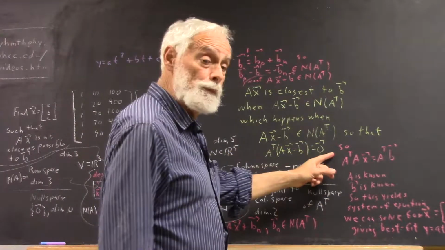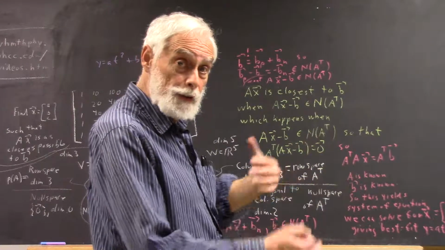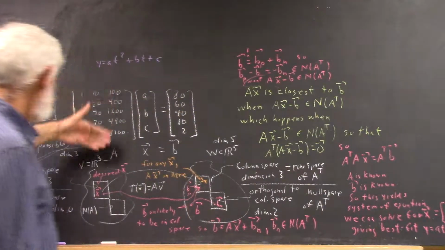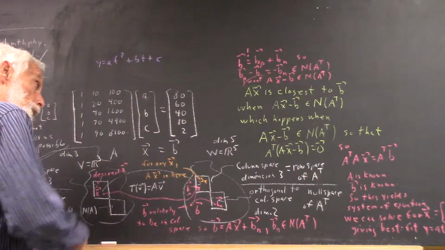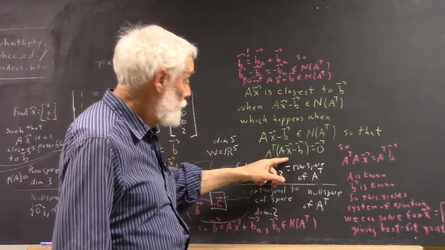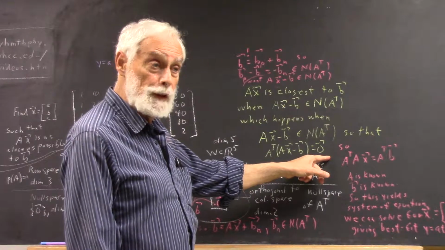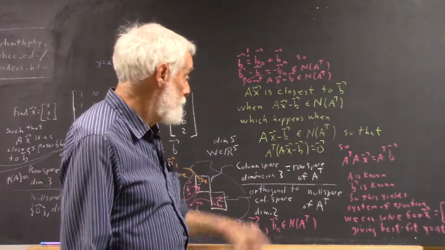Well, we're home practically free now. If we have our matrix A, it's very easy to get A transpose, and here we do have our matrix A, and we can easily transpose it. We know what our B vector is. The only thing we don't know is our X vector, and this is a vector equation that we can easily solve for X.